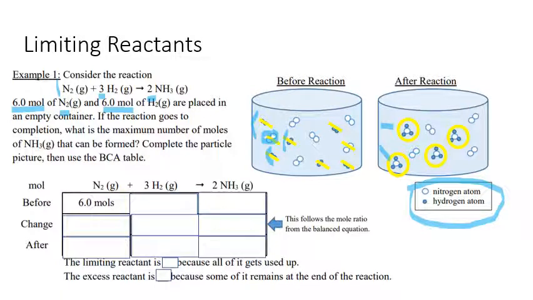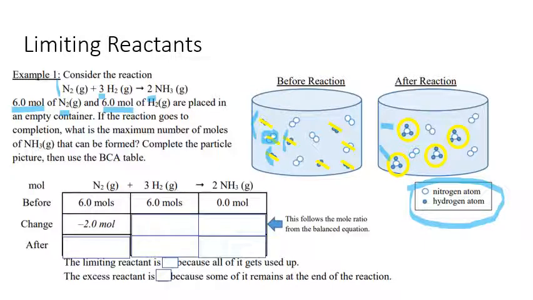Again, before all this started, to recap, we had 6 moles of nitrogen, 1, 2, 3, 4, 5, 6, but we also had 6 of hydrogen too. We had 0 ammonia over here, and now we've got plenty on the after side. Let's focus on the change. What happened?